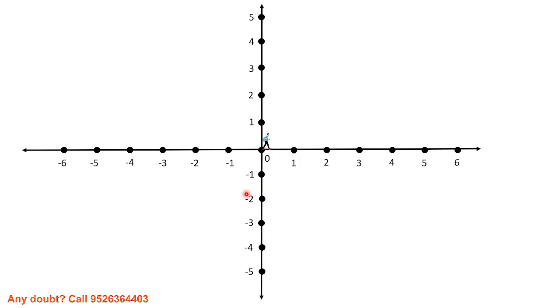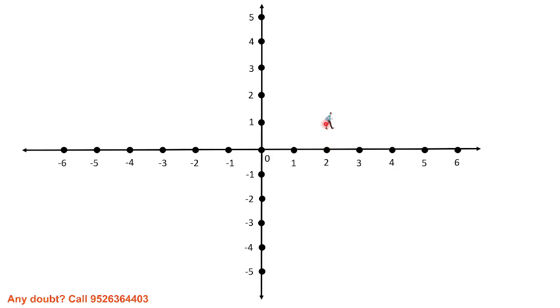Suppose he is traveling to some point. Suppose the person is initially at 0. Suppose this person is moving in this direction, moving in this way. Where is he standing? In order to answer such a question, what do we do?